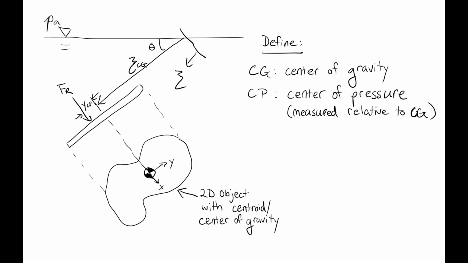And what I mean by the center of pressure is that the resultant force times the moment arm defined by the center of pressure, whatever that distance is, will give me the same moment as the integrated pressure distribution would have over the object, with the moment arm being defined relative to the center of gravity.